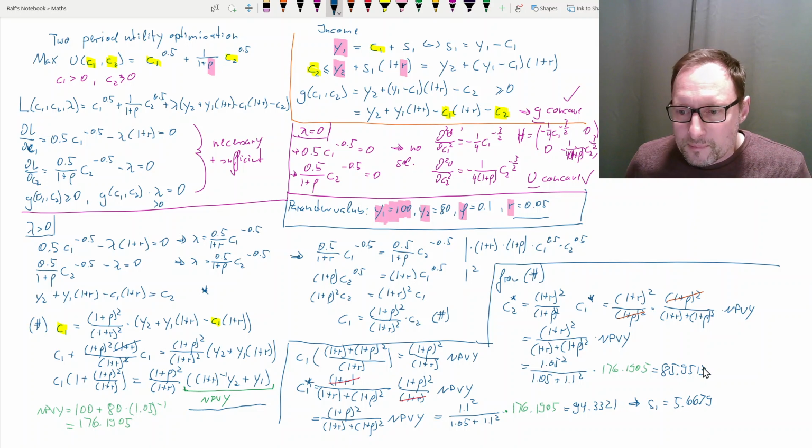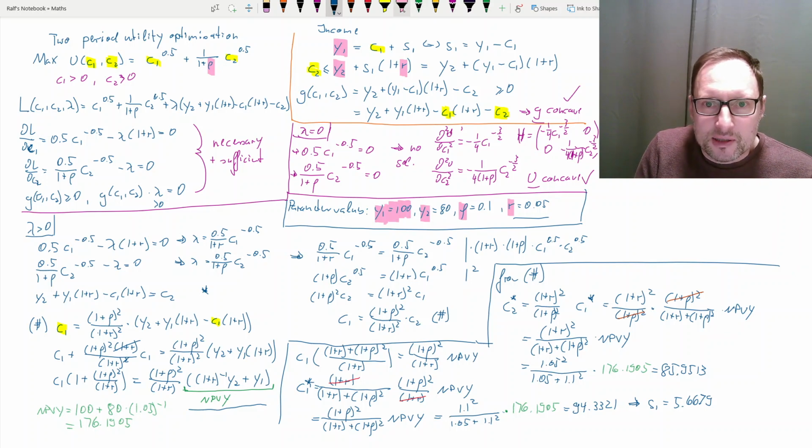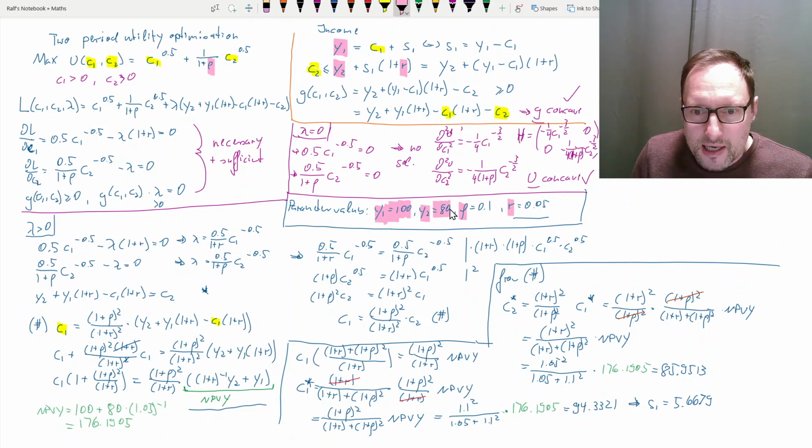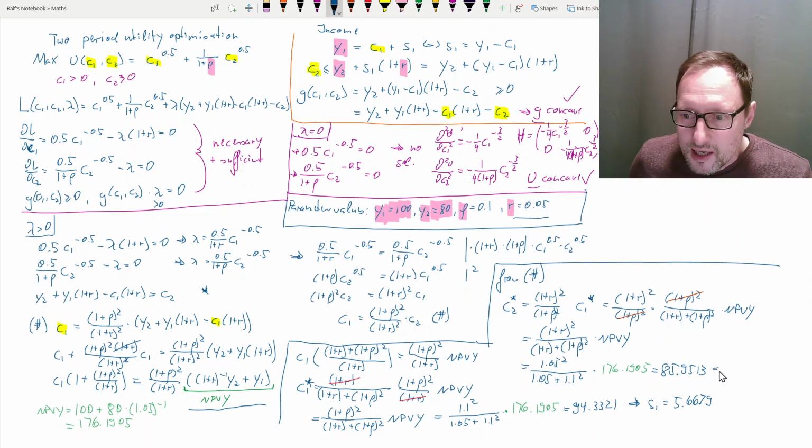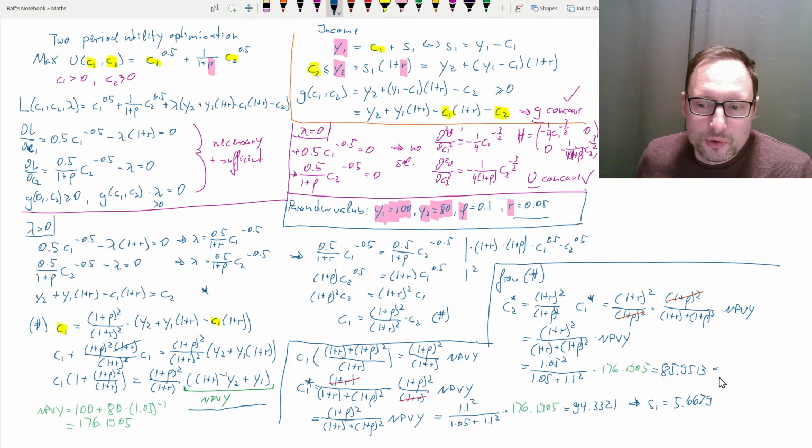And then in the second period you're consuming 85.95. Now your income in the second period is only 80, but you're consuming 85. How does that work? Well, you've saved an amount in period 1, and you get that back in period 2 plus interest.